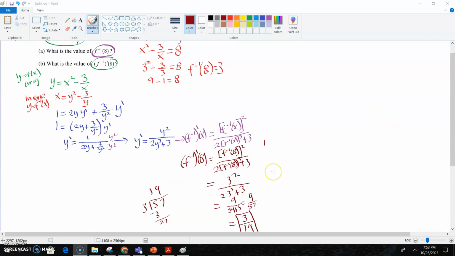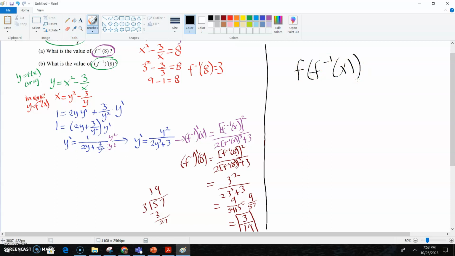So I'm going to show you an alternate path. Now, note, this alternate path does not allow you to get the actual inverse function, but does allow you to calculate. So here's what you need to notice. If I have f of f inverse of x, those two functions undo each other, in the same way that a square cancels a square root, that adding cancels subtracting, and so on.